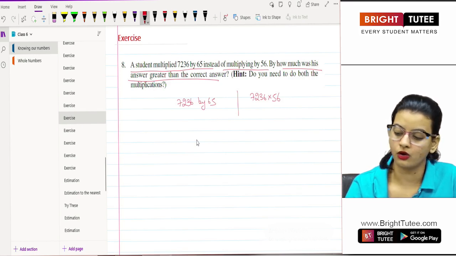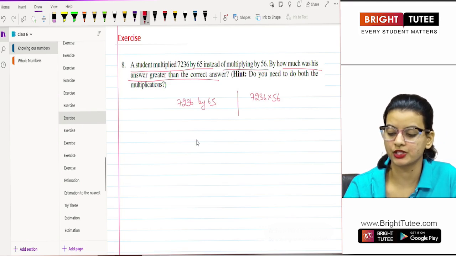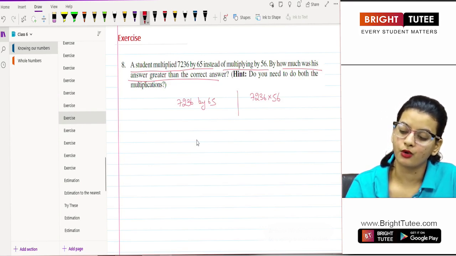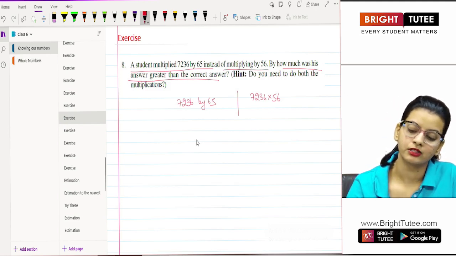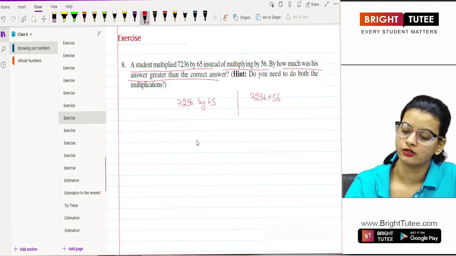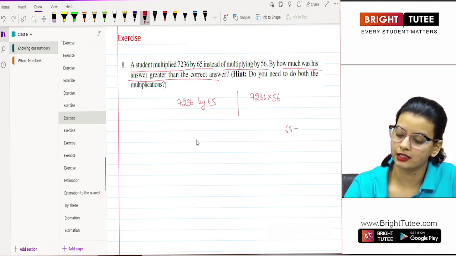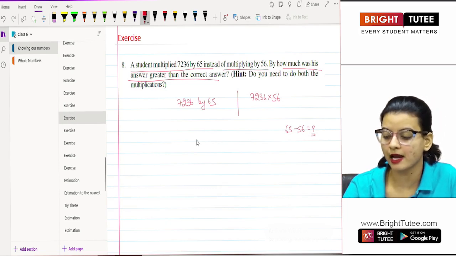By how much was this answer greater than the correct answer? We just have to find the difference between the correct answer and the wrong answer. So 65 minus 56 is equal to 9. So actually he has added 7,236 nine times more than he was supposed to add it.